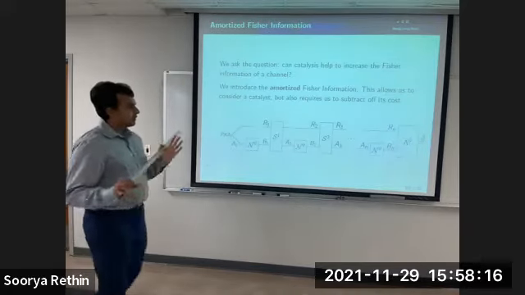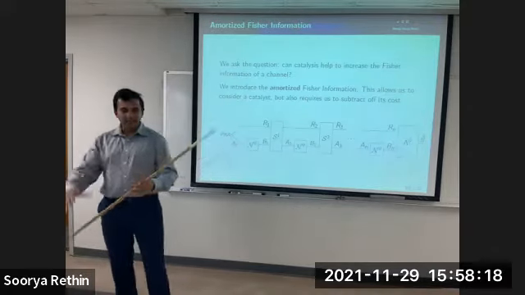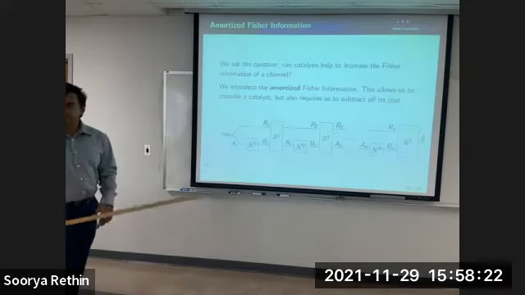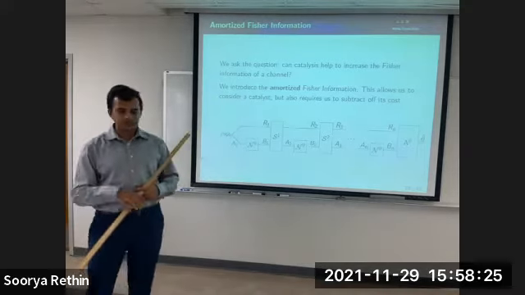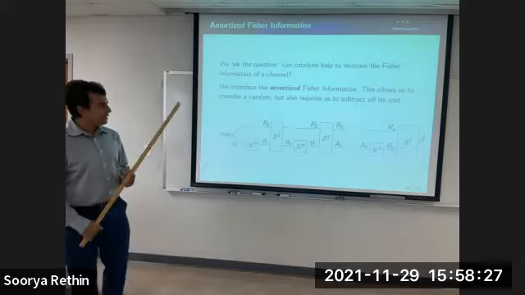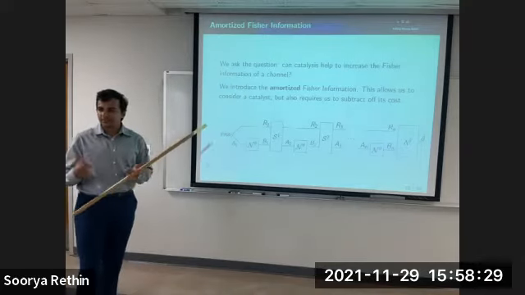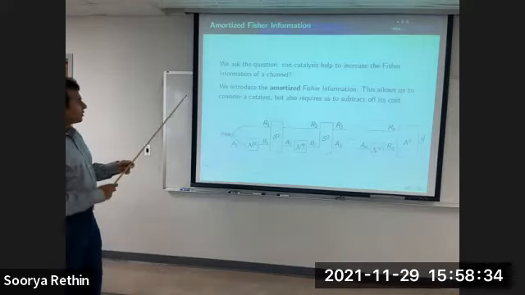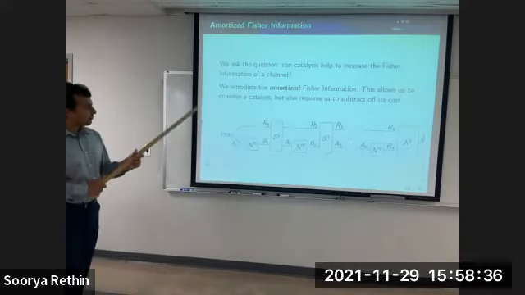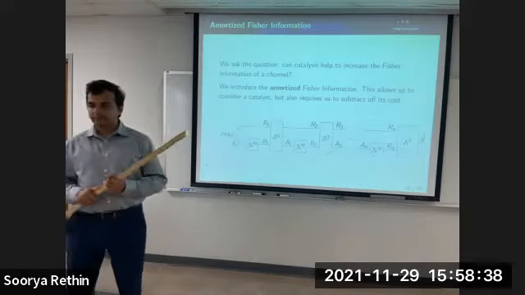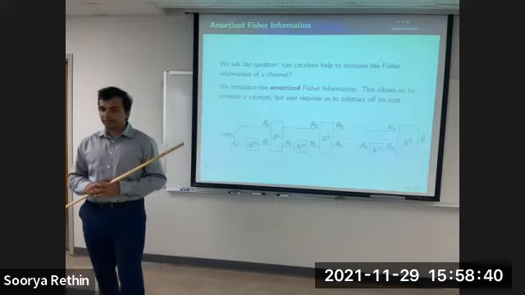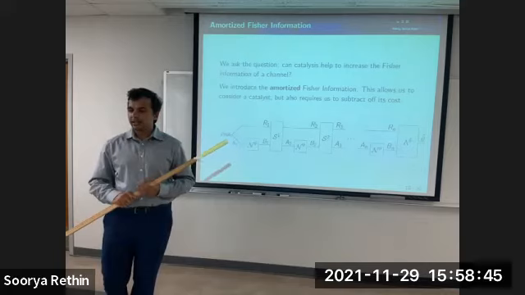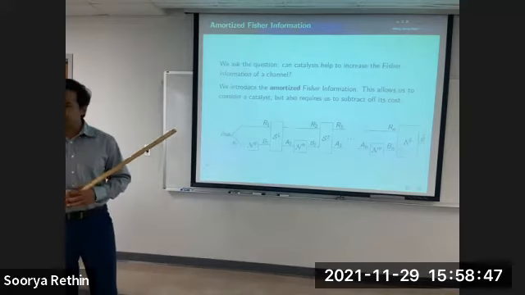What we're actually interested in, and the line of attack we have, is to ask the question: if we allow for a catalyst or some sort of additional resource, can we get more Fisher information, or more information about the parameter, than without the catalyst? To do so, we introduced this quantity called the amortized Fisher information, and we're inspired to do this by a quantity called the amortized channel divergence that was introduced by Mark and other co-authors, I think, in 2018.